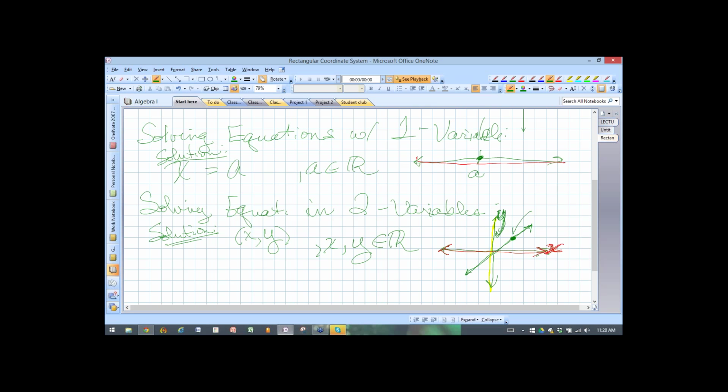Here's a point on that line, and let's call it (x, y). For those of you who are not sure where I'm drawing on the screen, I'm here. This point (x, y) is a solution. It's one out of infinitely many solutions. Any point we can choose from this line, any point down here, here, here, wherever there's a point, will make a true statement.